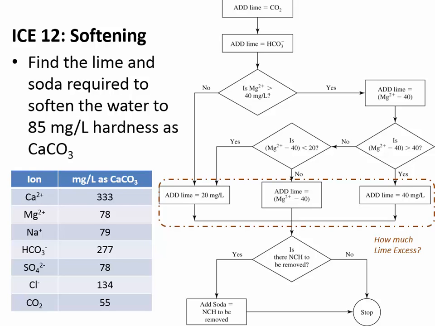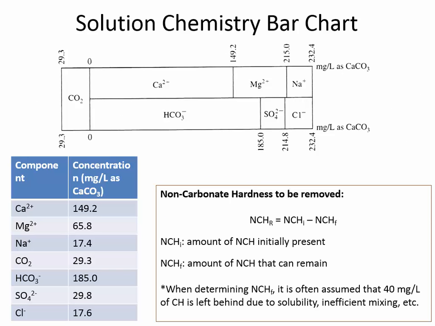In the in-class exercise, we're going to go through this flow chart, and I don't want to say too much about it because I think the best way for you to understand the flow chart is to put some actual numbers through it. But here is our water diagram, and the first thing you need to do is prepare a bar chart in the same way that we had a bar chart on this slide.